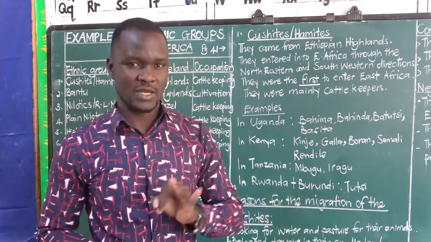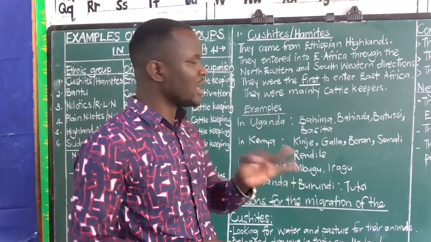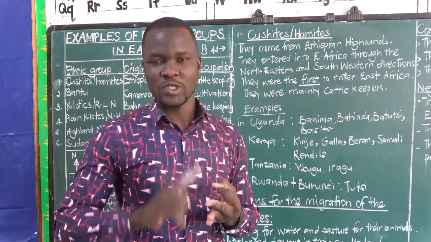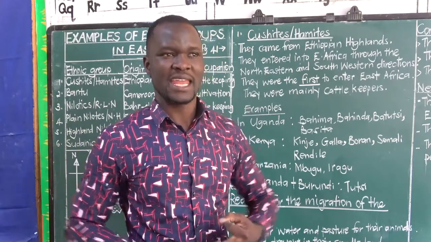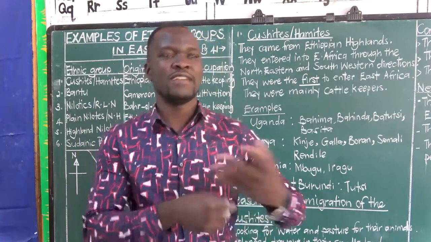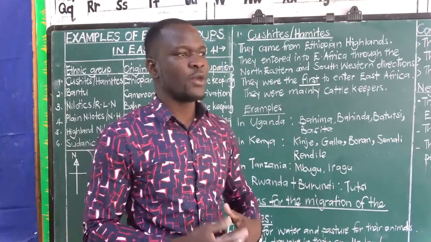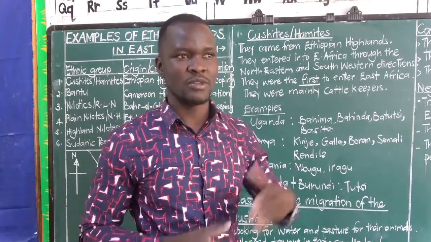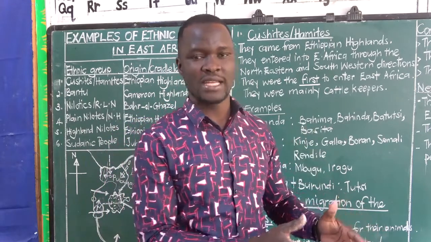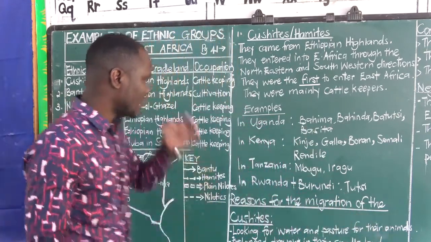That's the second one. Having understood the direction, you also need to note their major economic activity. Then after getting to know that, it will drive us to understand the reasons for their migration, meaning what made them move, leaving their homeland, searching for other areas.